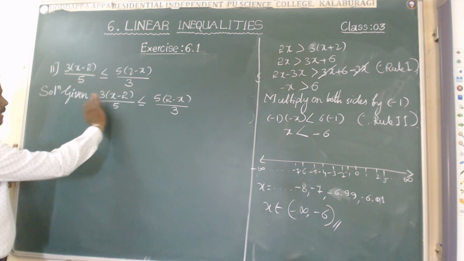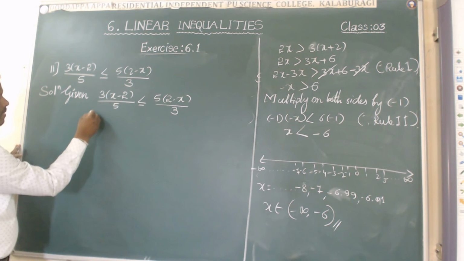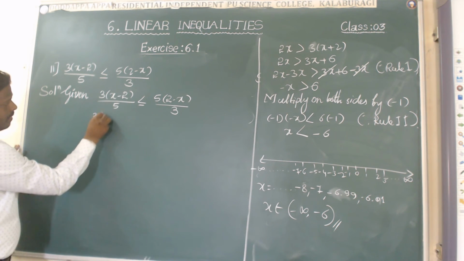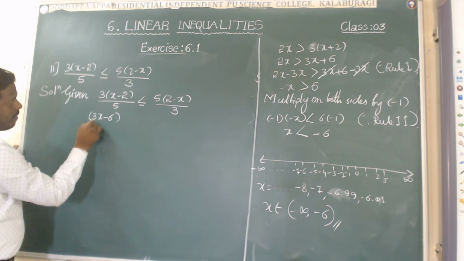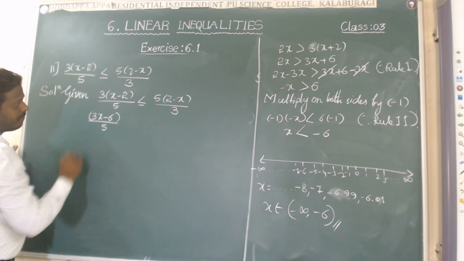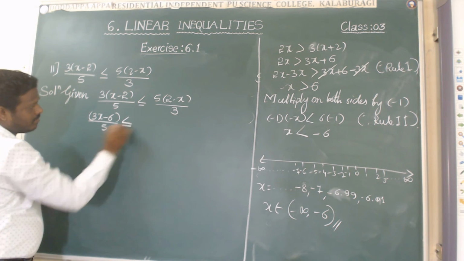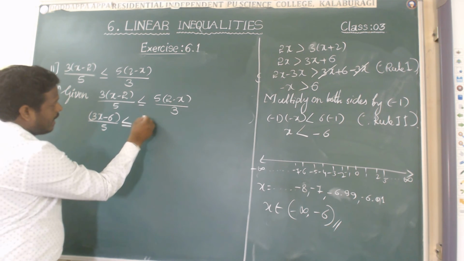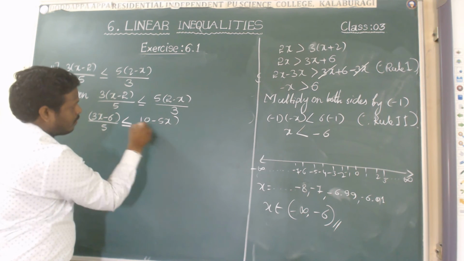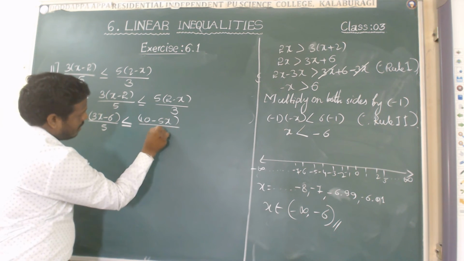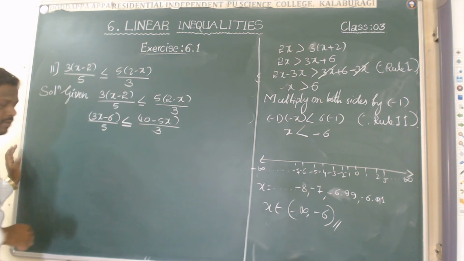I will multiply 3 with both terms, that is 3x minus 6 will come. I will write again in brackets, and the symbol will be the same, less than or equal to, and 10 minus 5x in the numerator and 3 in the denominator.